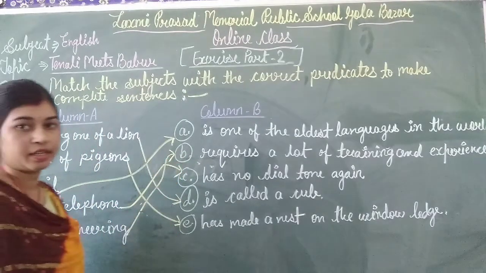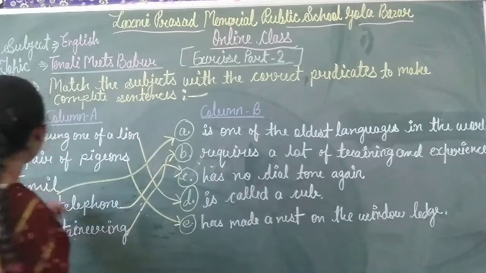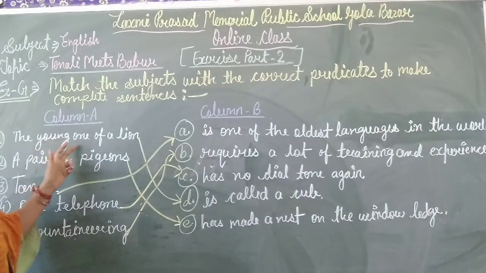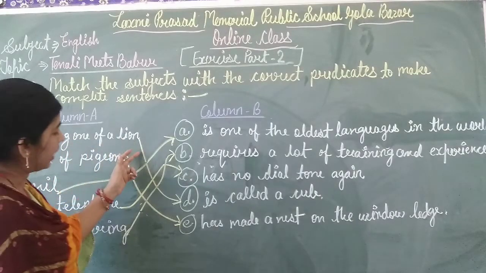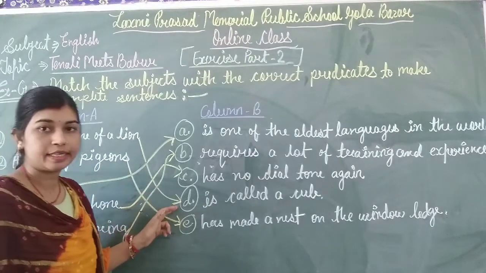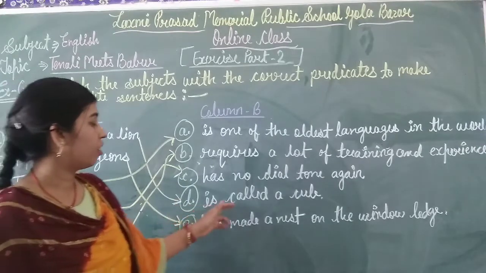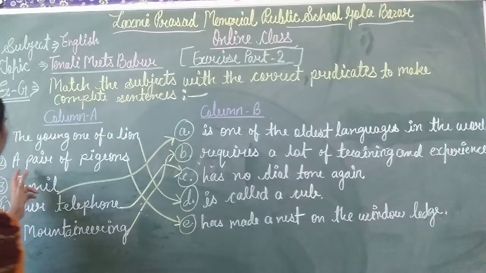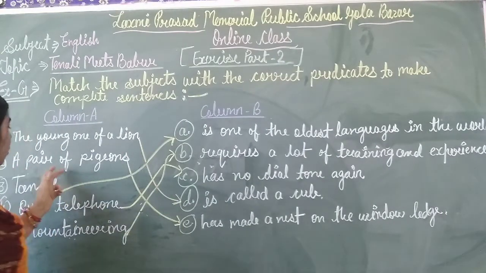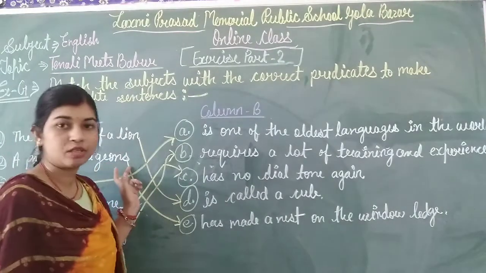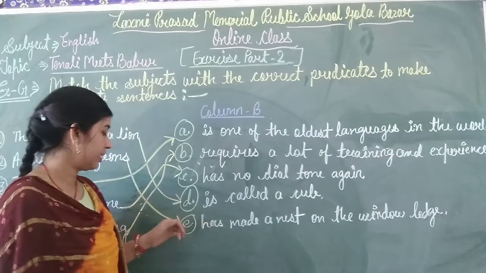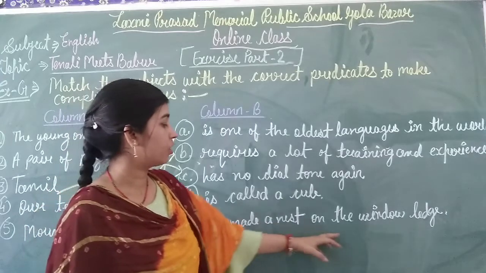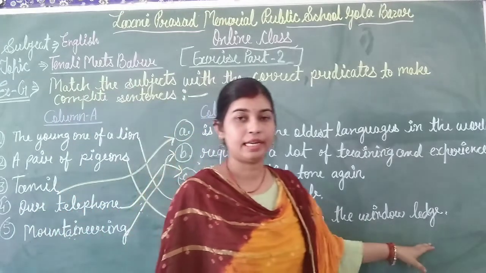So students, let's revise. Exercise G. Number 1, the young one of a lion will match with option number D, that is called a cub. Okay, so students, now next number 2, a pair of pigeons will match with option number E, that is has made a nest on the window ledge.